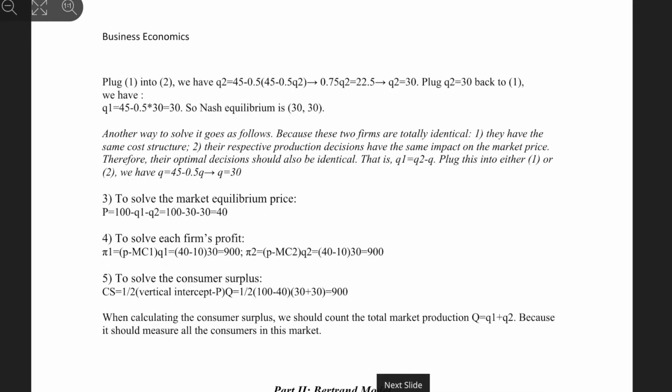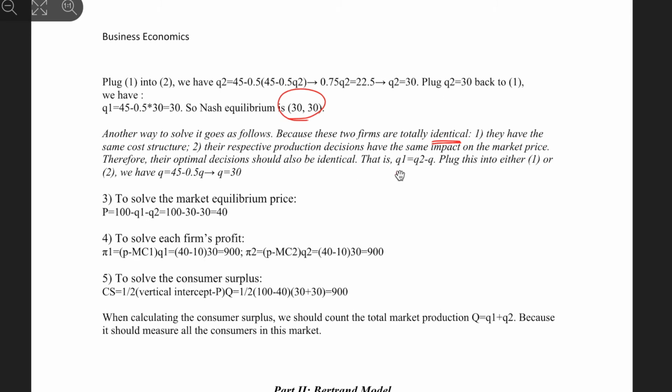So to solve the Nash equilibrium, we got 30 and 30 for both Exxon and Shell. Another way to solve it goes as follows. Because these two firms are totally identical, they have the same cost structure, so their respective production decisions have the same impact on the market price. Therefore, their optimal decisions should also be identical.